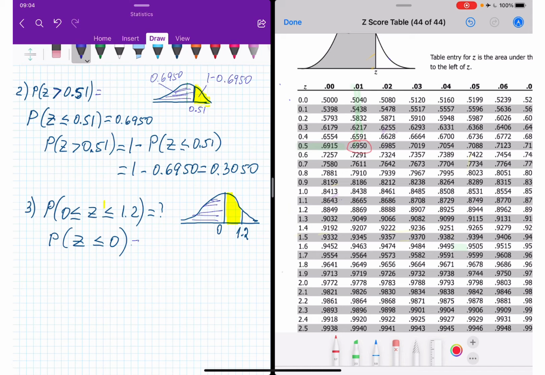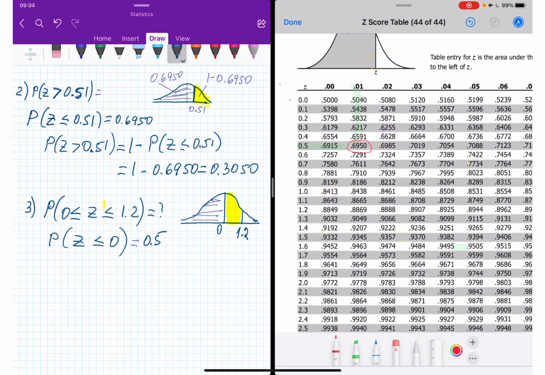And when it's 0, it's splitting by 50%. If this is our average, 0, that means 50% here, 50% here. If you check your table, 0, 0, it's 0.5, which is 50%. So for z-score equal to 0, I don't even need to look in the table. So it's going to be 0.5. Okay?